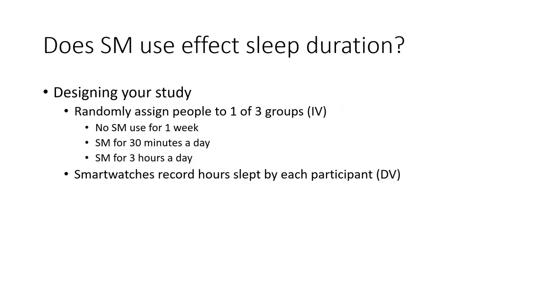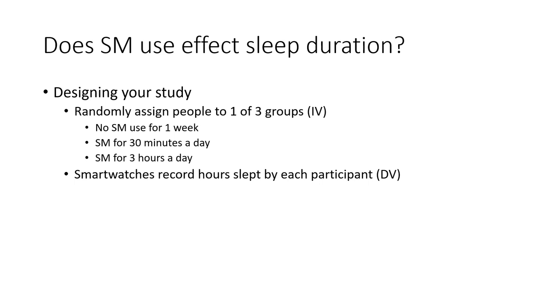The first level is people are not supposed to use any social media for 1 week. The next level is they're supposed to use social media for only 30 minutes a day. And the third level of the independent variable is they're only supposed to use social media for 3 hours a day.